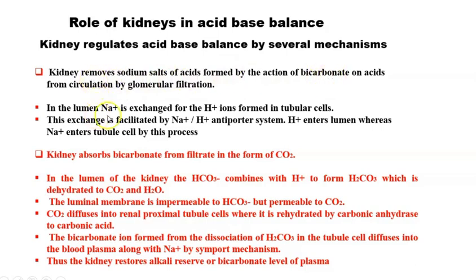Here I explained how, through the antiport system, sodium is able to be removed, retaining the hydrogen proton at the lumen. And this is just a recap. In mechanism number 2, I also explained how the kidney absorbs bicarbonate.